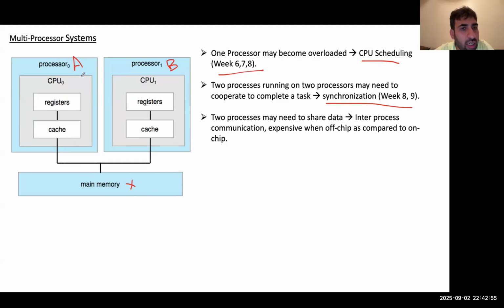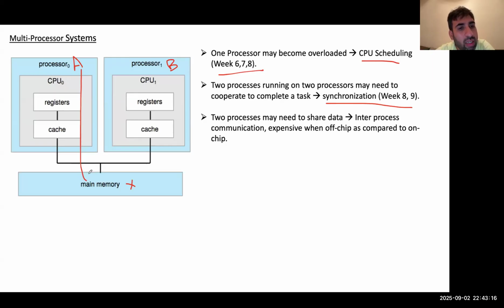But that means the data crosses the chip boundaries, right? Processor 0 is a separate chip, processor 1 is a separate chip, and memory is also a separate chip. So there is communication between different chips, and the communication is crossing the boundary.